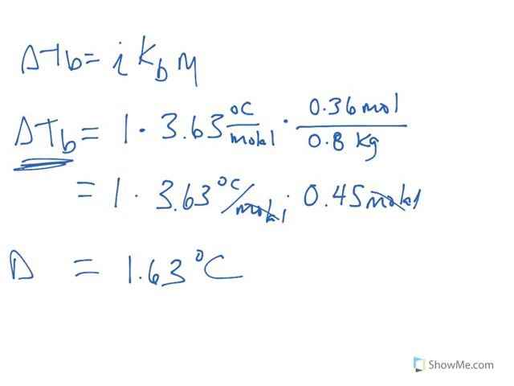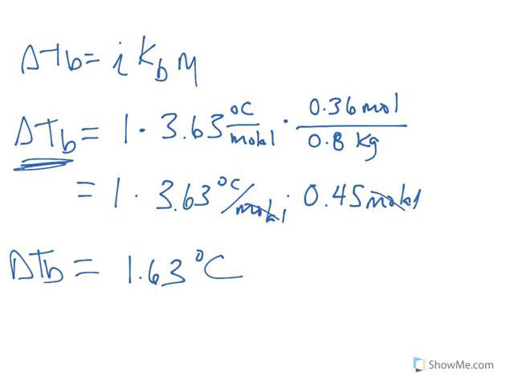Now, careful. This is equal to delta Tb, which means it's the change. My boiling point is not 1.63 degrees C. I need to add 1.63 degrees C to my original boiling point. Why do I add? Because this is boiling point elevation.